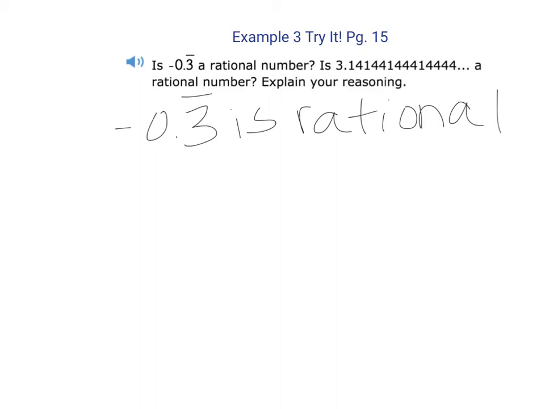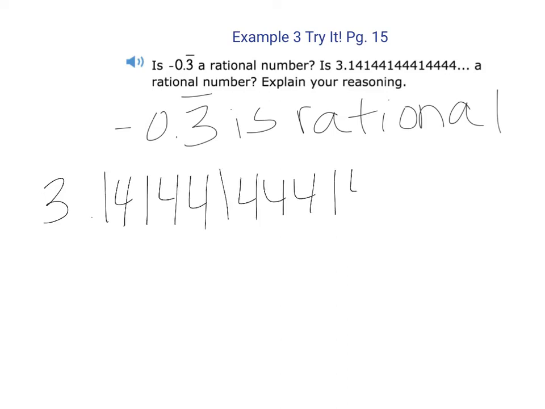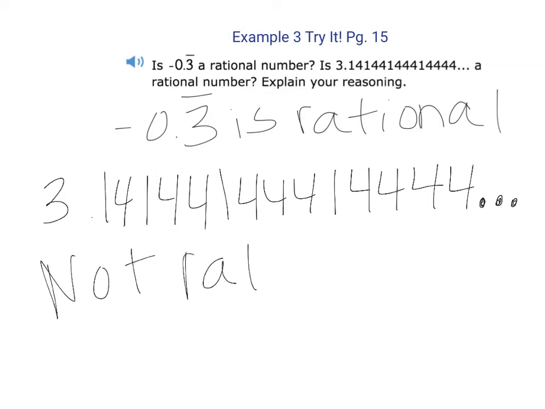Instead, it's adding a 4 every time, okay? 3.141441444 dot dot dot. That's important, okay? The same thing is not repeating. You're adding a 4 each time. In order for this one to be rational, it would have to be something like 3.1414141414. Plus, this decimal does not stop, okay? It does not terminate. This one is not rational.